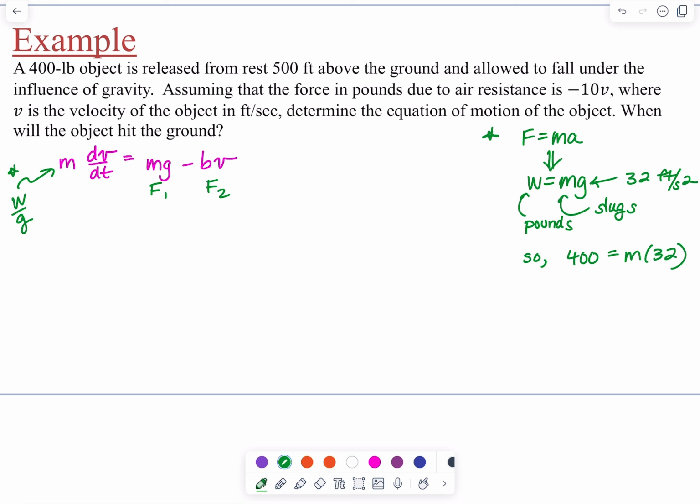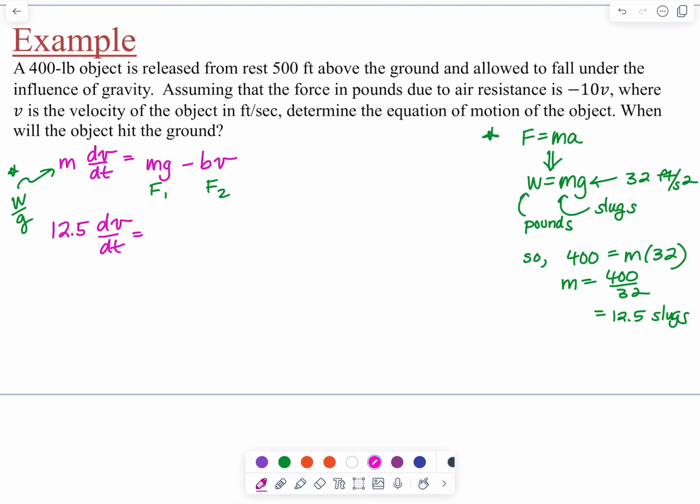We'll just go ahead and use 32. So the mass is going to be 400 divided by 32, which is going to be 12.5 slugs. So we'll go ahead and use 12.5 slugs, and then we have our dv dt.